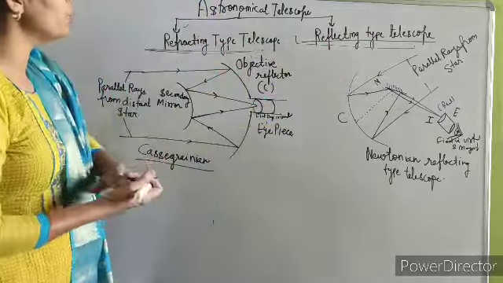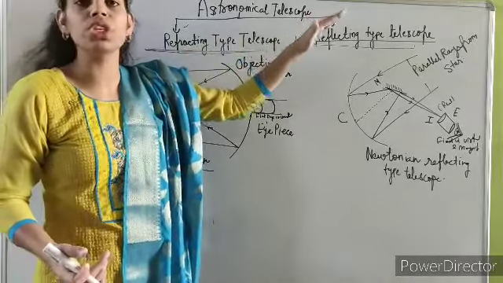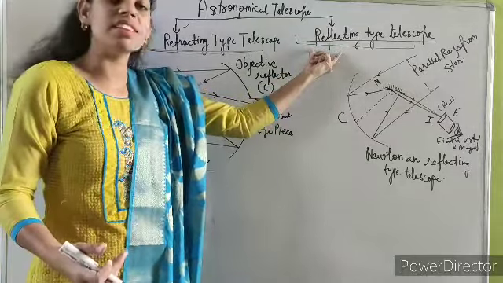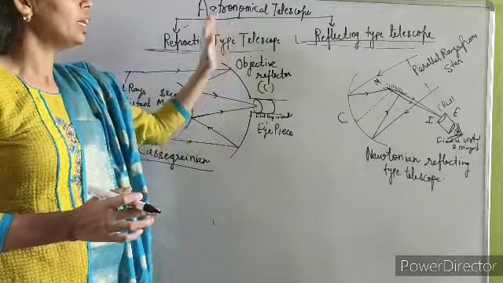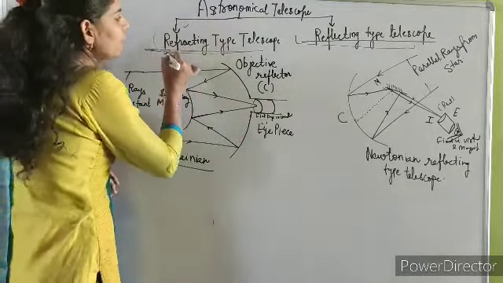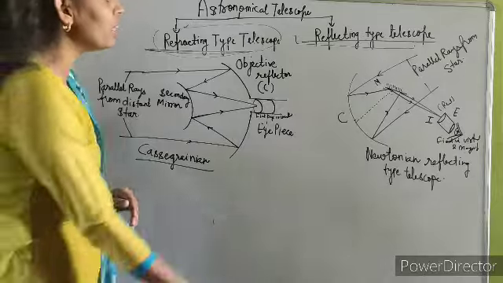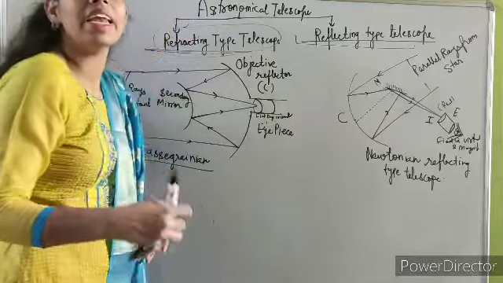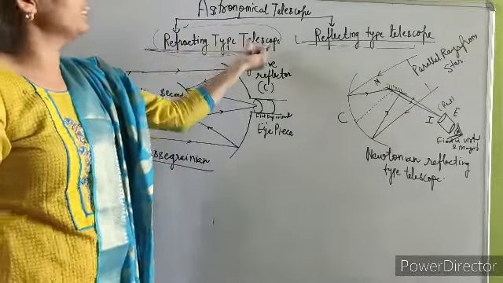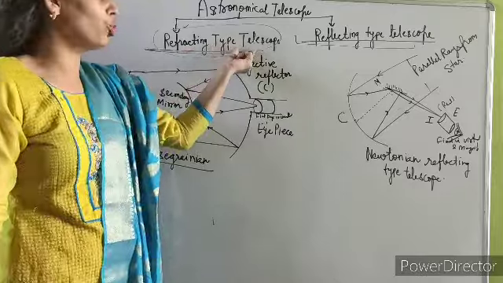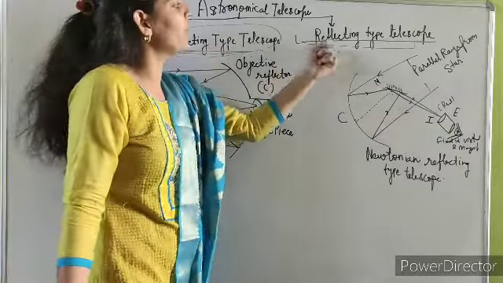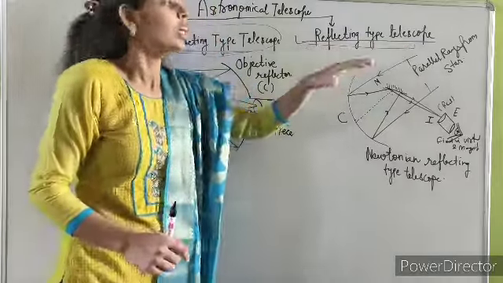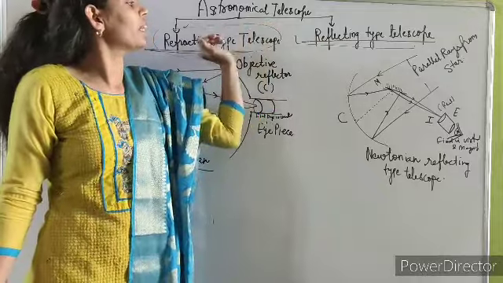So students, आपको पता है जब भी हम एक चीज से दूसरी चीज पे स्विच करते हैं तो बेसिकली जो दूसरा मेथड होता है वो पीछे वाली चीज पे इम्प्रूवमेंट होता है. So we have studied the refracting type telescope, but today we are studying the reflecting type telescope because this is an improvement over the refracting type of telescope. There were some shortcomings that were improved in the reflecting type telescope.